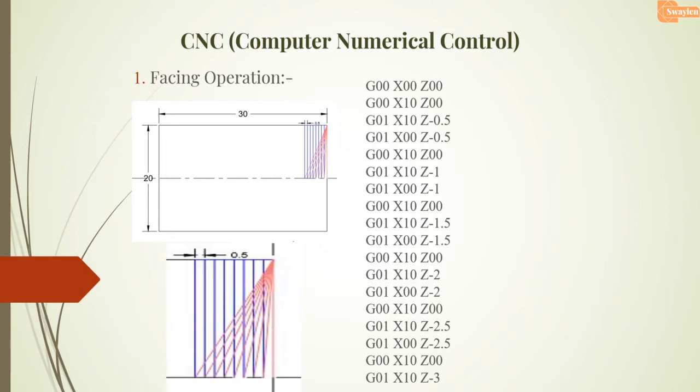G01, X10 and Z minus 1. Now you will see our 0.5 cut is increased.